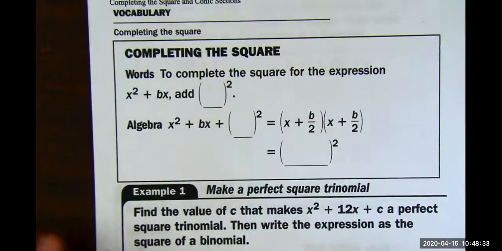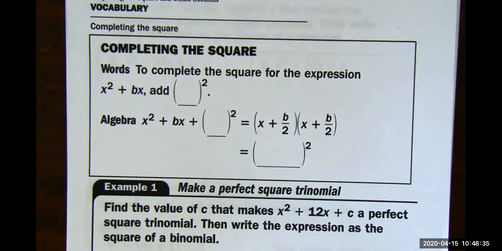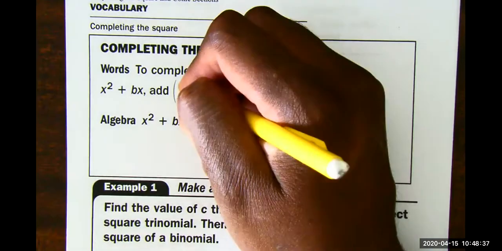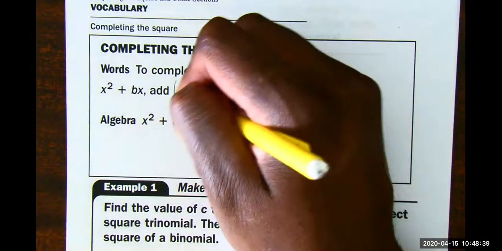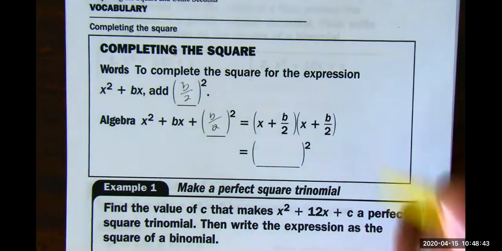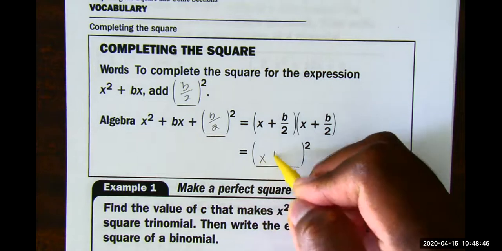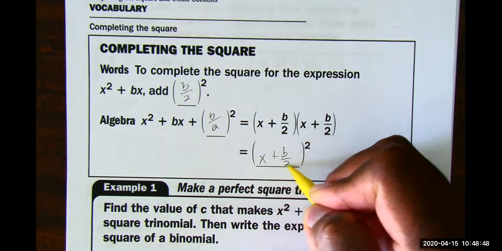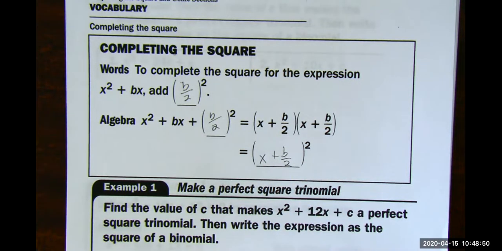Okay, so now let's just begin practicing. We have this already, b divided by 2, and now we know why we're doing this. So it's essentially going to be x plus b divided by 2, if you will. But we've done that already.